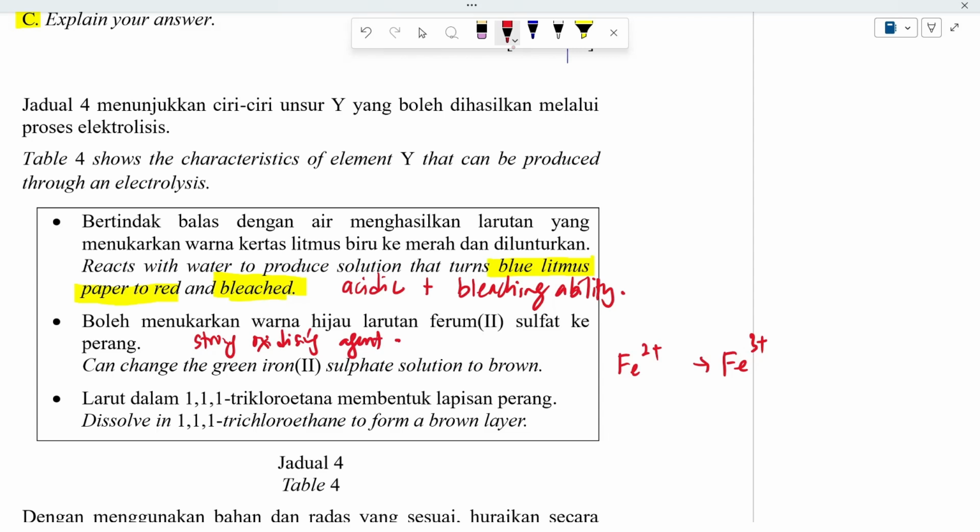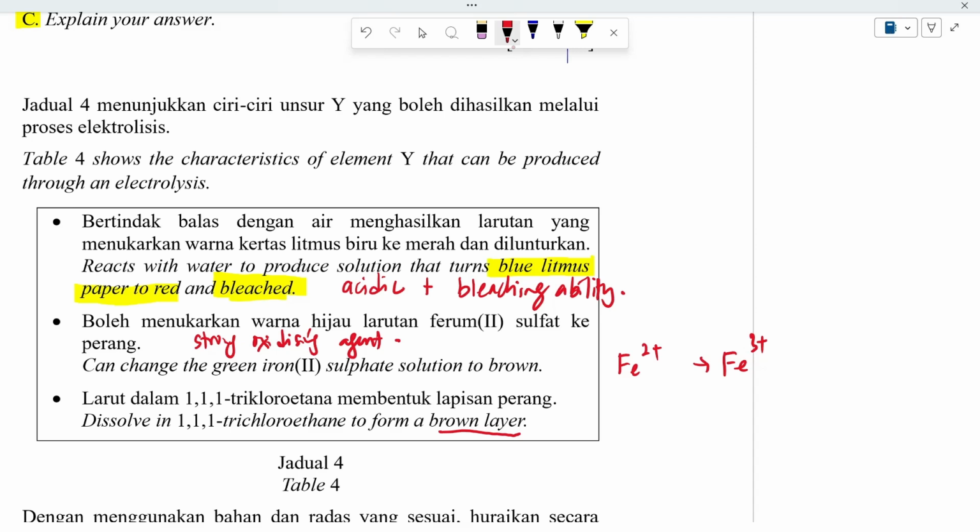Then it dissolves in 1,1,1-trichloroethane to form a brown layer. So class, what is this? It shows a brown color. In 1,1,1-trichloroethane, it shows the brown layer. If brown layer, we have only 3, right? Chlorine, bromine, and iodine.